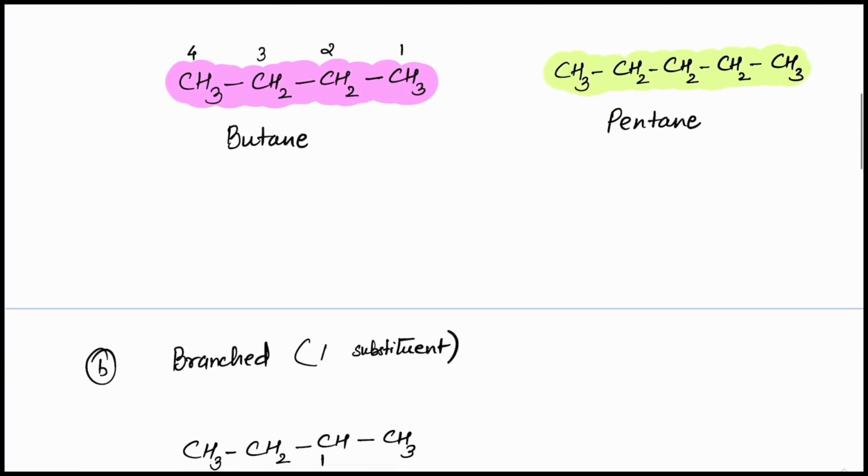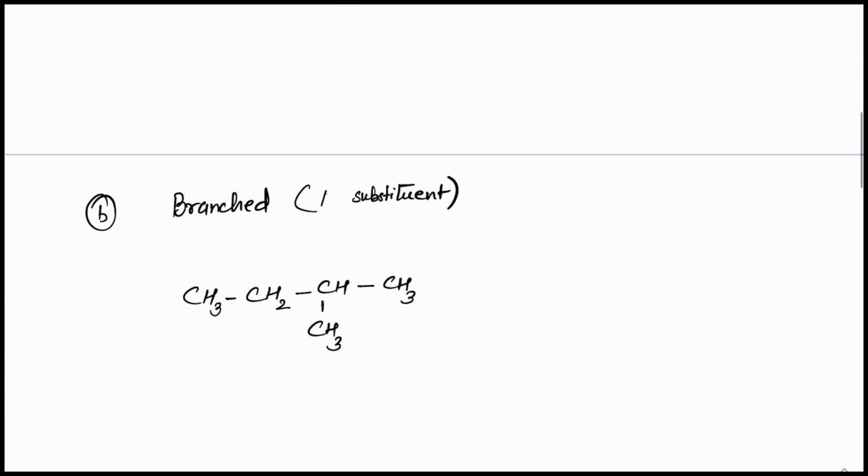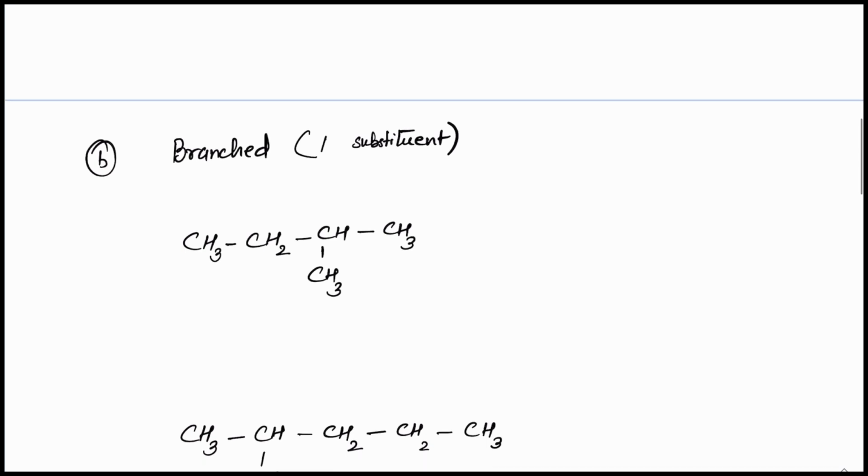Let's move on to the next case, which is a branched alkane, and it has only one substituent here. What is the parent chain here? Now if you look carefully and move from left to right, then you have a chain of 4 carbon atoms.